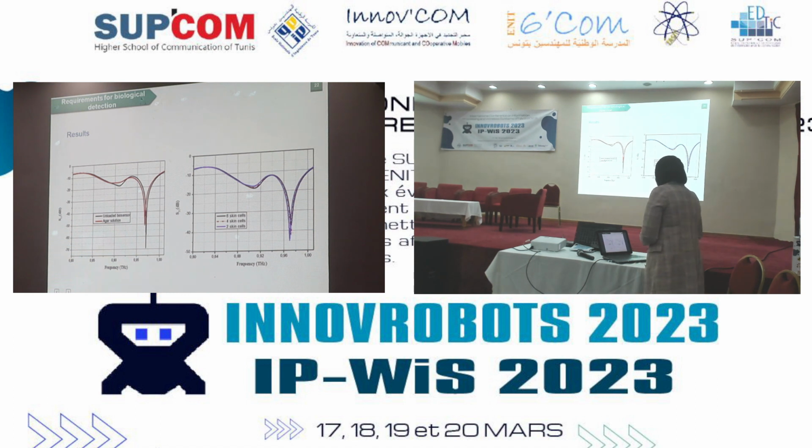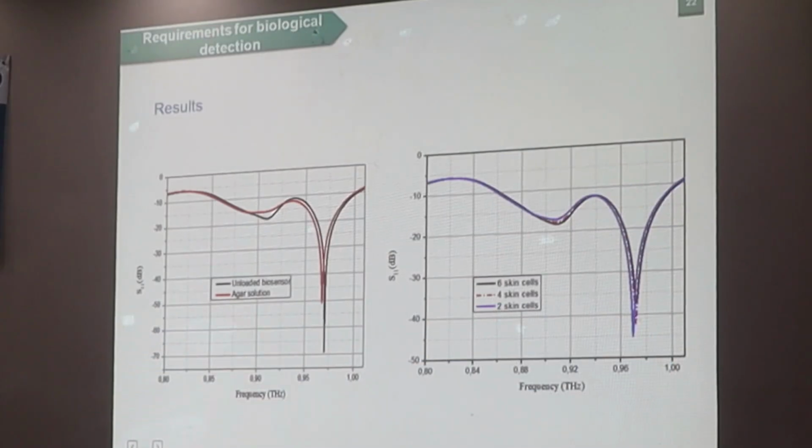I have then tested the medium agar solution, which is the cell culture. When we put the cell in this agar solution, the cell keeps its dimension and its first properties. After, I have simulated a kind of skin cells.